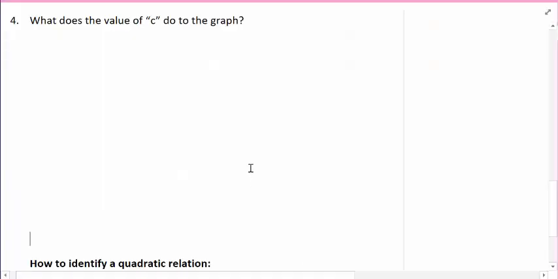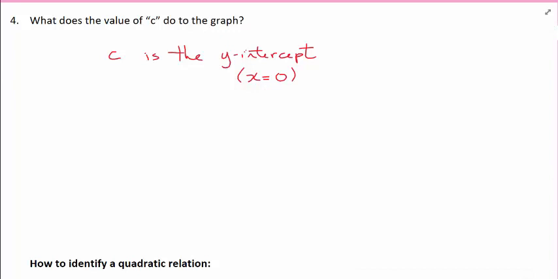So C is the y-intercept. Remember in your linear relation, B was your y-intercept. In this case, C is your y-intercept. And let's take a look at why it is. What's special about the y-intercept? The value of x equals 0. So think about it. If x equals 0 and y equals ax squared plus bx plus c, then y equals what?